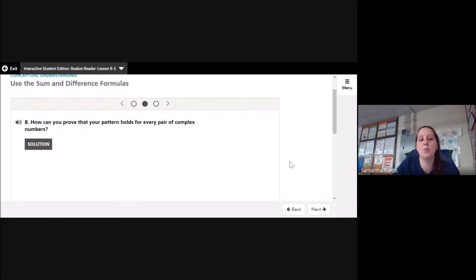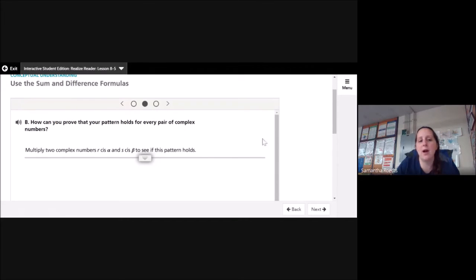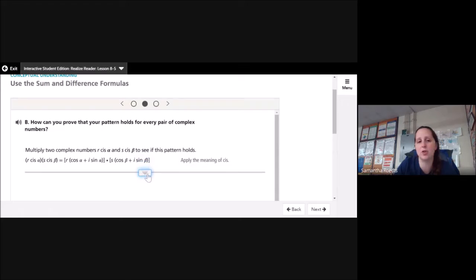For B, how can you prove that your pattern holds for every pair of complex numbers? So I multiply 2 complex numbers, r cis alpha and s cis beta, to see if this pattern actually holds true.